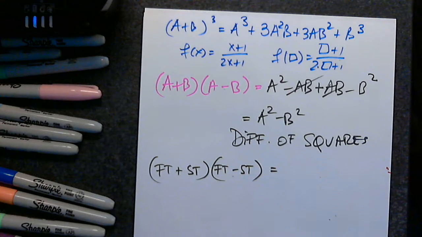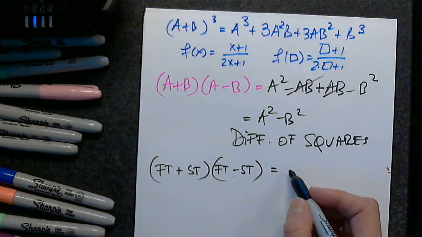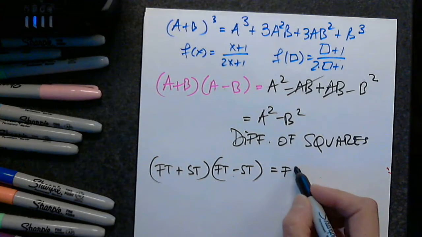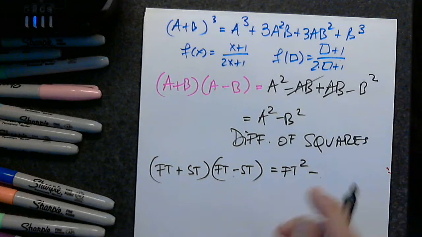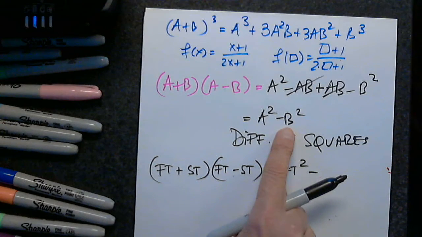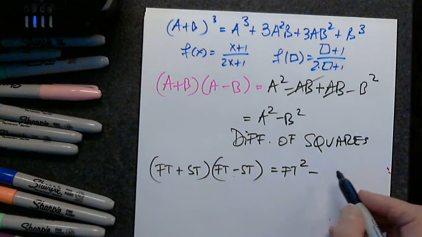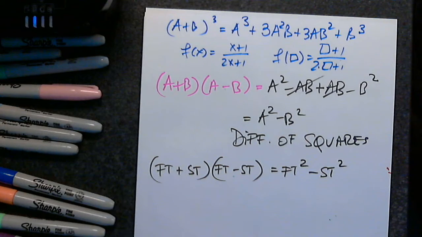Can anyone dictate? First term squared minus first term times second term. What's it? Second term squared. That's it. So as long as these two are identical, but this one has plus and this one has minus or vice versa, the answer is always that.